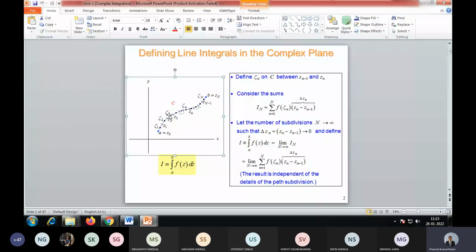In this way we have divided the curve C from A to B into a finite number of sub-intervals, and we have considered points J1, J2, J3, and so on. At those points we can find the value of the function: f(J1), f(J2), f(J3), up to f(JN). So we are going to add them.